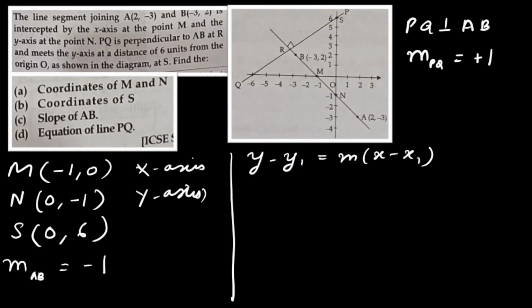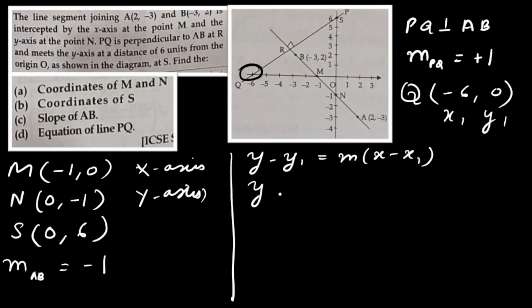Yes, you can use the coordinates of Q. Coordinates of Q we can see here, it's given to us. We can use it because PQ is passing through Q. So Q's coordinates, Q point lies on x-axis, so -6 comma 0 we can use as x1, y1.